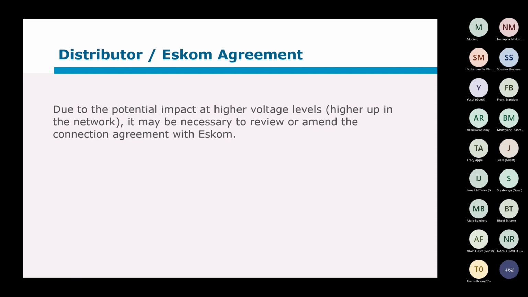So when I spoke to Ravi quite a while back about this, I said, at what point do you want to know about a generator inside the municipality's network? And he said, yes, of course they want to know, but he couldn't really give me that gut feel. So I think it's similar to if you've got a residential estate, at what point do you want to know about the individual generators inside their network?